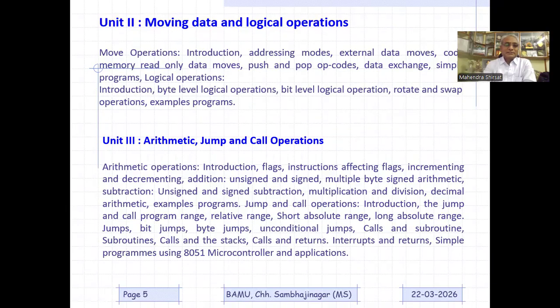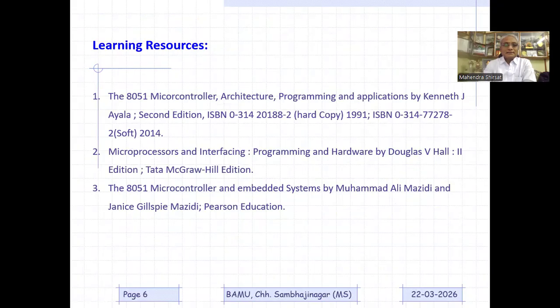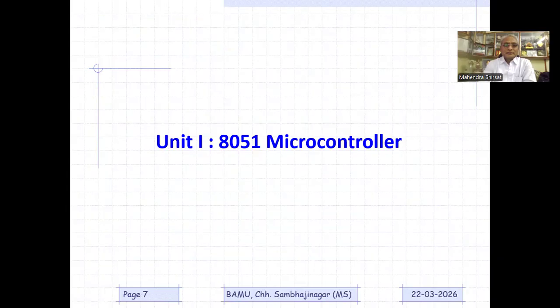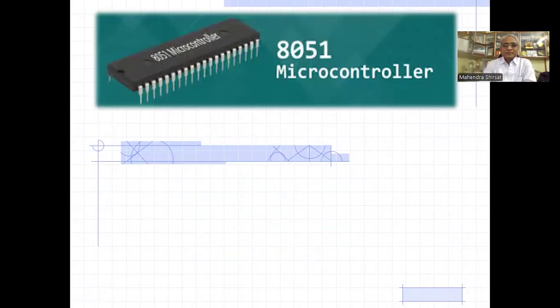And the third chapter deals with another 3 groups of instructions: arithmetic instructions, jump and call instructions. And we are going to have the programming practice in chapter three. And these are the different learning resources which students can use to prepare for this course. Let us start with unit 1, 8051 microcontroller.